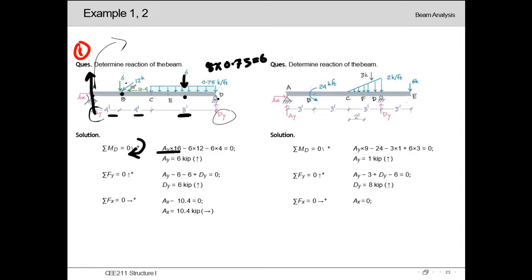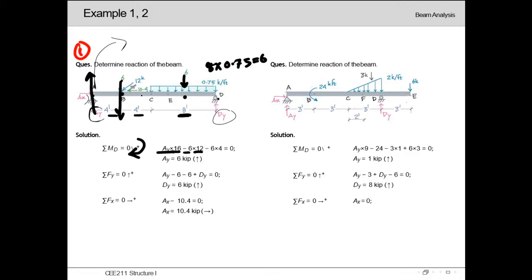Now at point B, we can see here the 6 kip load, which is acting downward. It will be giving a rotation in anti-clockwise direction, but we have considered clockwise as positive, so it will be negative 6. And now the distance for this 6 kip will be 4 plus 8, which is 12.